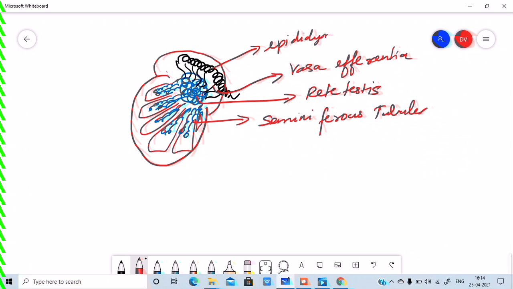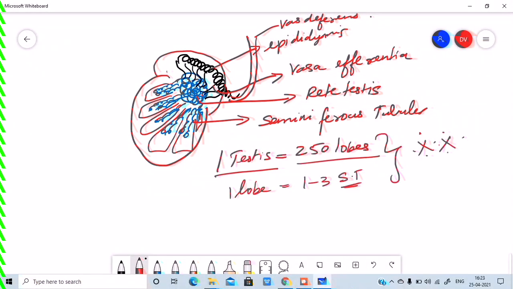And now what happens to this coiled tube? That is connected to the vas deferens, which is also known as the ductus deferens. Alright guys, so hope this diagram is clear. So know that one testis has 250 lobes and each lobe has 1 to 3 seminiferous tubules. Very, very, very important question.